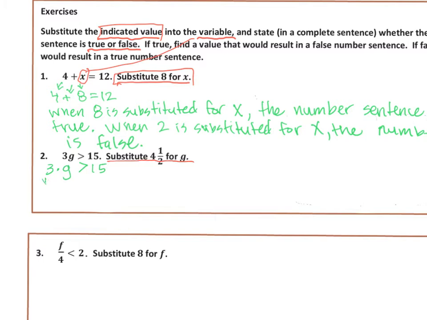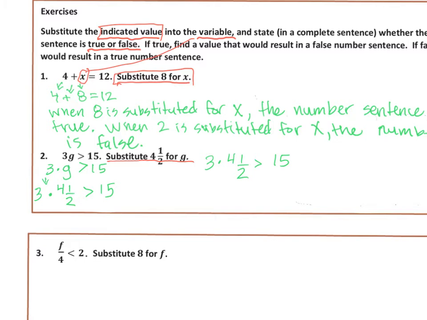So if we plug and play, g becomes 4 1/2. We still have that inequality symbol. And now we have to solve, let's bring it over here so we have more room, 3 times 4 1/2.